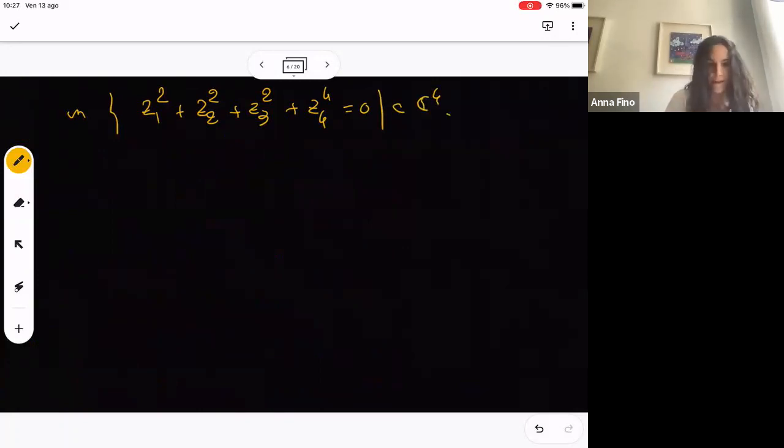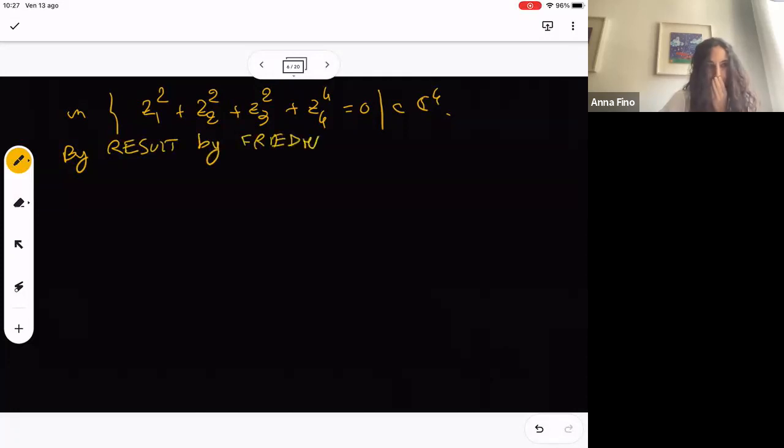This is what you have geometrically. And then this is a result by Friedman, Tian, and Kawamata.